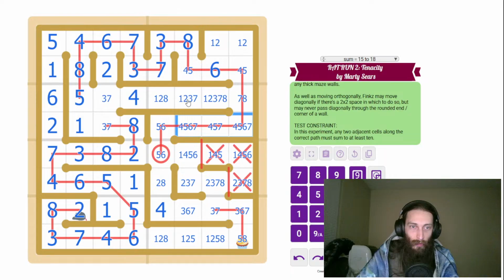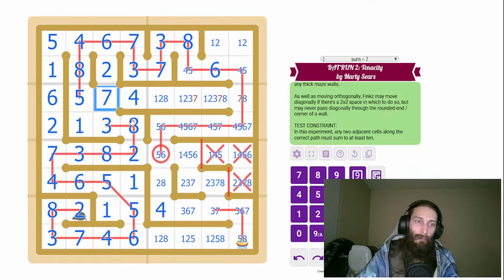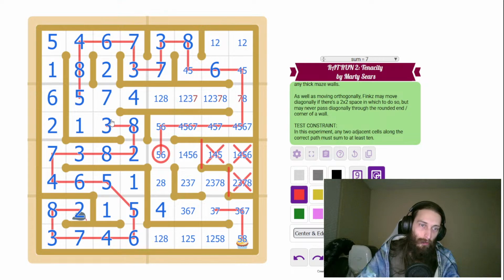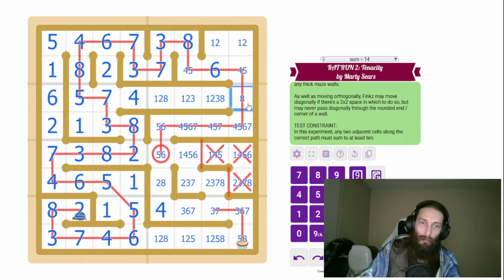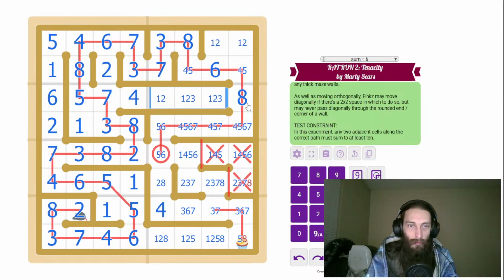So 3 ends up here. So 3 and 7. And because 3 can't directly connect to 5, it goes through the 7. 7s are gone from the top row, so that's 8. 8s are gone, so we get 1, 2, 3.